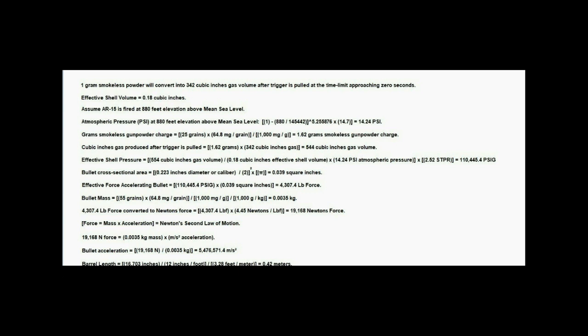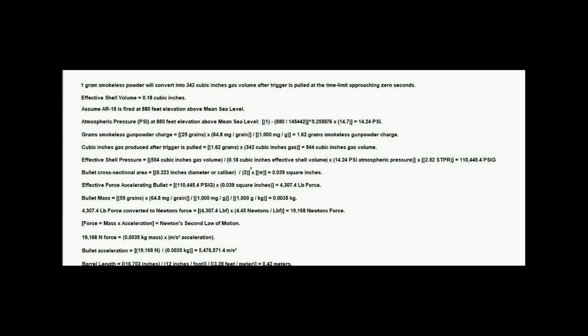So this then creates an atmospheres above atmospheric pressure, ATMs, then multiplied times the atmospheric pressure, and then multiplied times the shell taper pressure ratio, which will incur 110,445.4 pounds per square inch gauge pressure above atmospheric pressure within the effective shell volume.